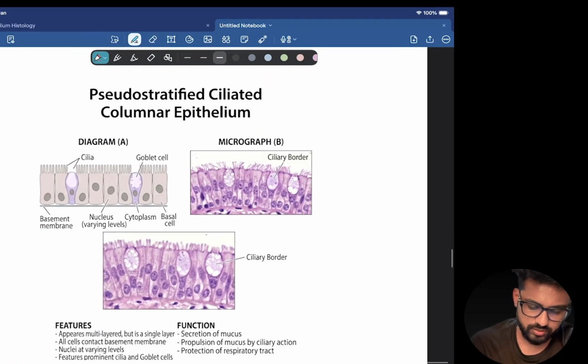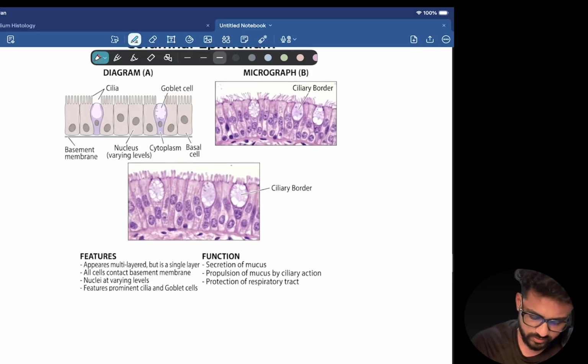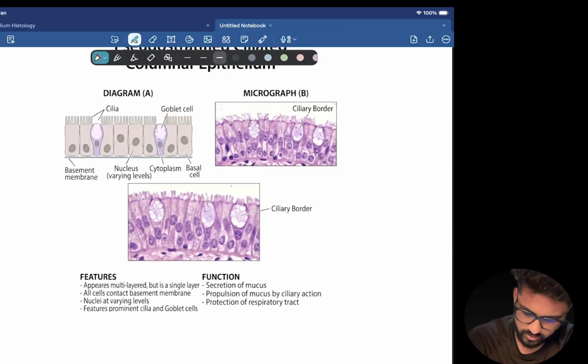Next is pseudostratified ciliated columnar epithelium, which looks multi-layered, but every cell touches the basement membrane. Why is it called pseudostratified? Because of its multi-layered arrangement and nuclei arranged at various levels. As you can see, these nuclei are at upper, these nuclei are present at the lower pole.